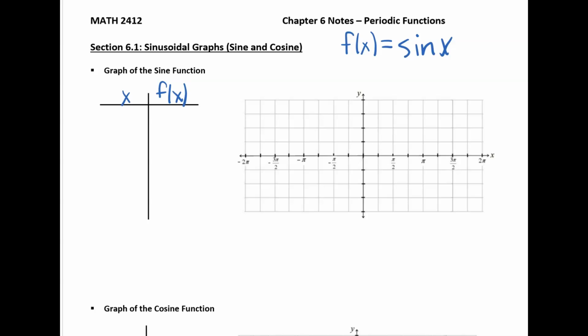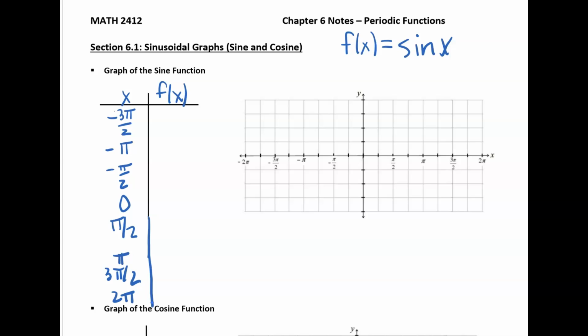And so when we're looking at it, we're going to say, okay, x, let's consider where it's negative 3 pi over 2, negative pi over 2, 0. Let's do pi over 2, pi, 3 pi over 2, and 2 pi.